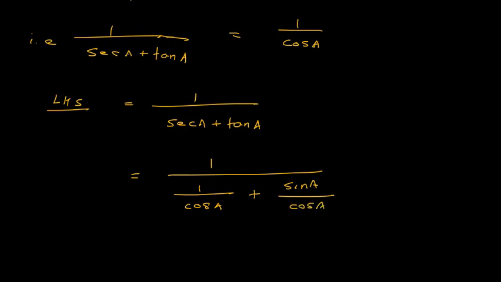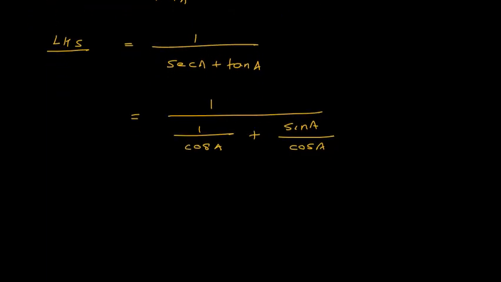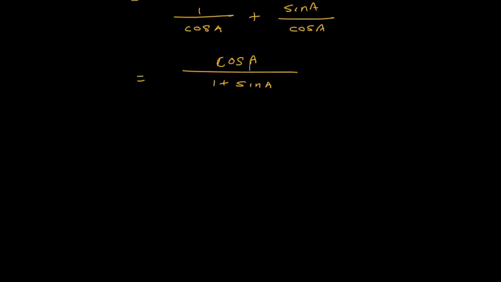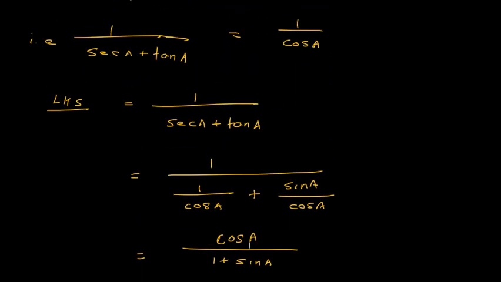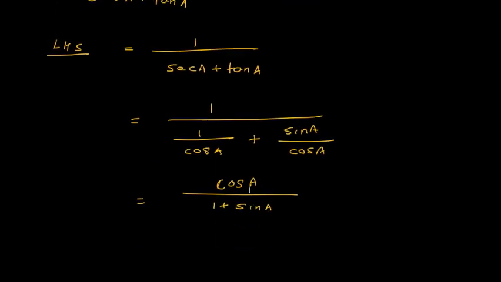Okay, sec is 1 upon cos and tan is sin upon cos. So this will become 1 upon, I will say that this is 1 plus sin a and whole divided by cos a. So that whole divided by cos a you can move in the numerator, cos a upon 1 plus sin a. Now you want result as 1 upon cos a.